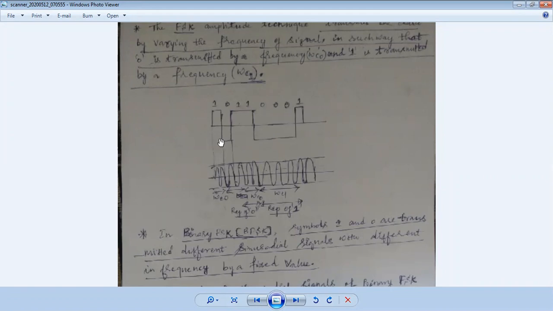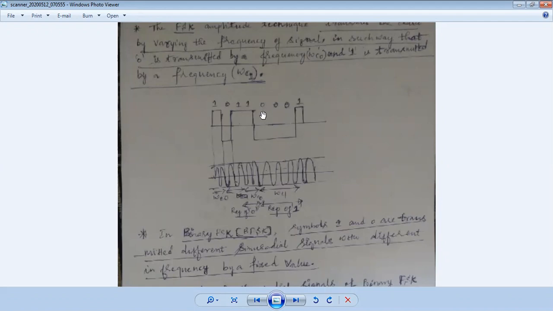When transmitting a one, I use one frequency, that is omega c t. When transmitting a zero, there is a different frequency, omega one.